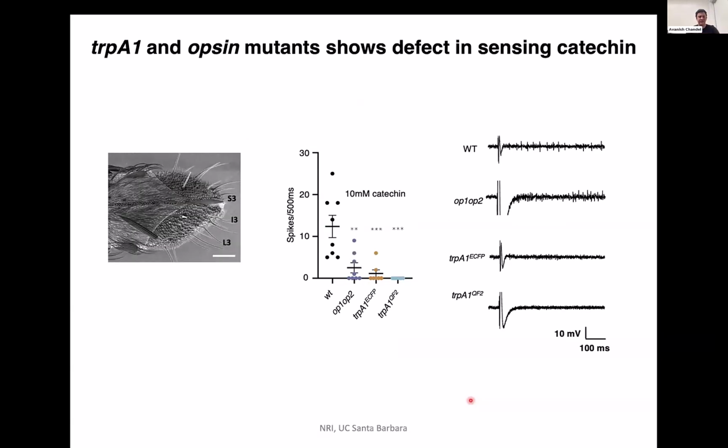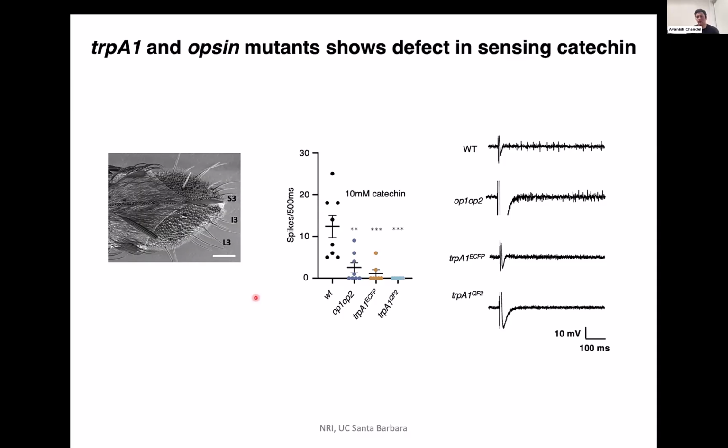To show it directly, we also performed recordings from the gustatory receptor neurons. These are extracellular tip recordings from labellar taste sensilla. And based on the expression, we performed these recordings from the specific hair where we can see the expression of TRPA1.